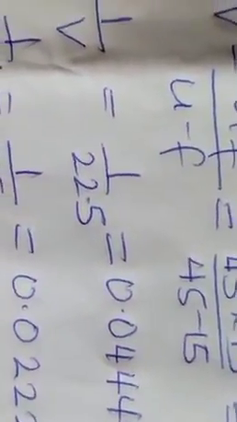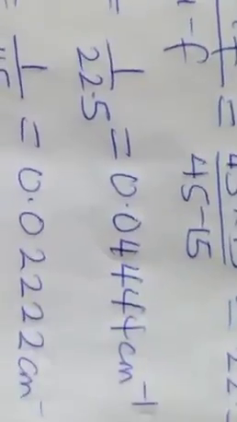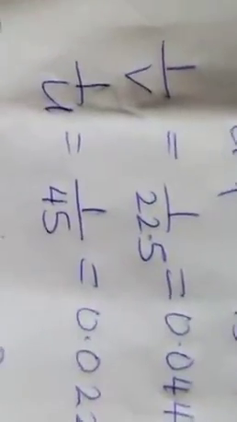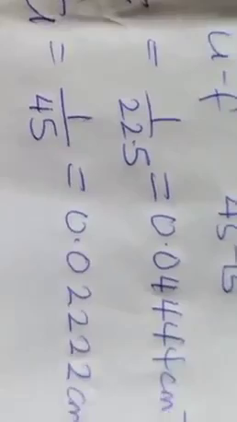To find the inverse of V, 1 over V, that's going to be 1 over 22.5, since V is 22.5, and that gives us 0.04444 per centimeter. We also find the inverse of U. U is 45 cm. 1 over 45 gives us 0.02222 per centimeter.